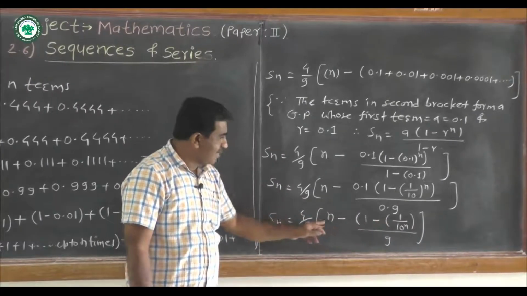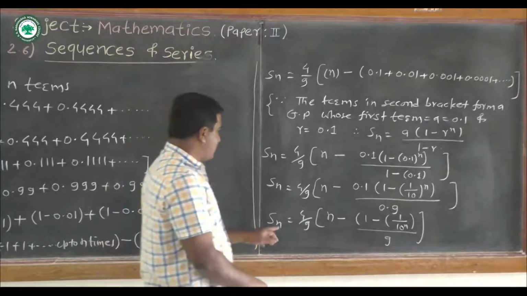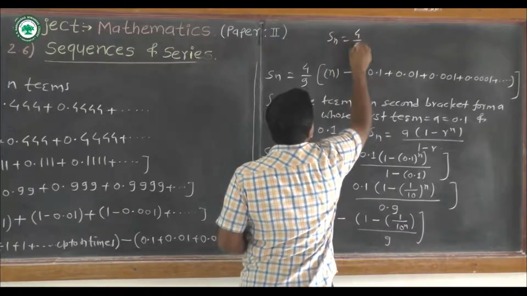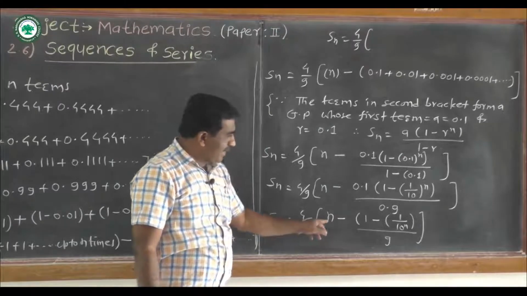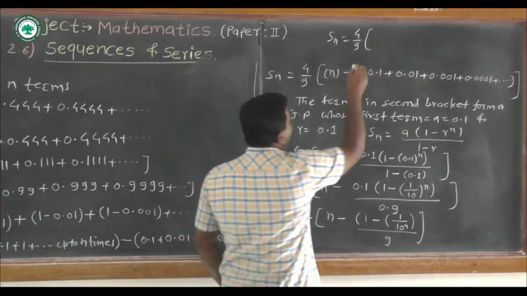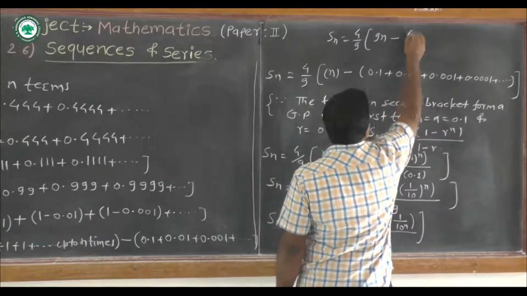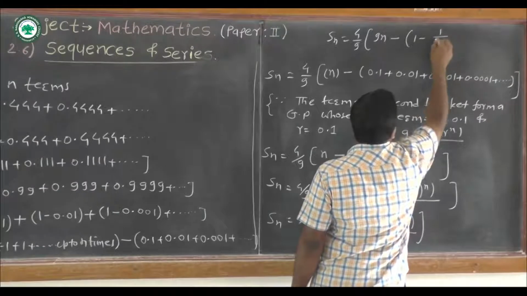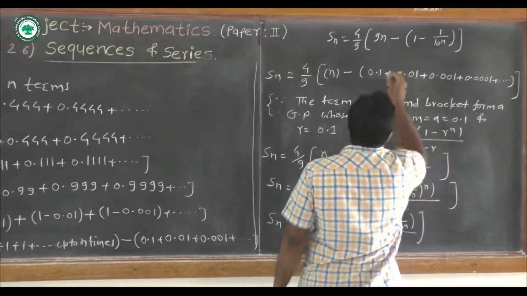Now taking this addition in bracket, we can write the answer for this Sn here. Sn is equal to 4 by 9 into, in bracket, 9 into n, 9n minus, in bracket, 1 minus 1 upon 10 raised to n, upon 9.